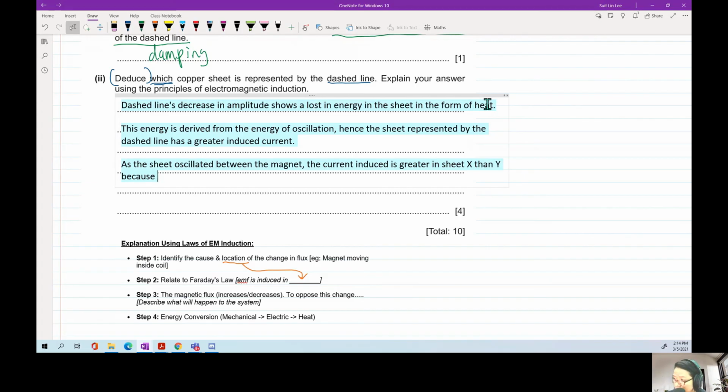So this is because the surface area is cut and the currents are unable to cross the insulating air gaps between the strips.